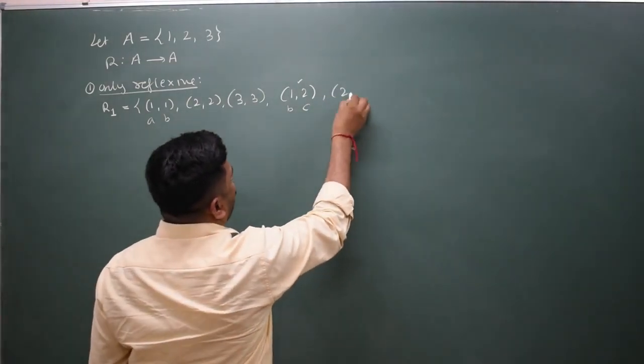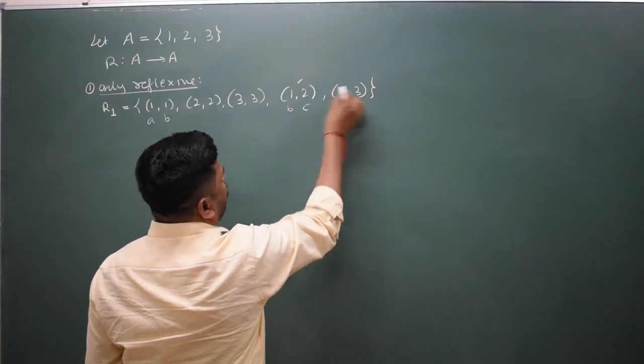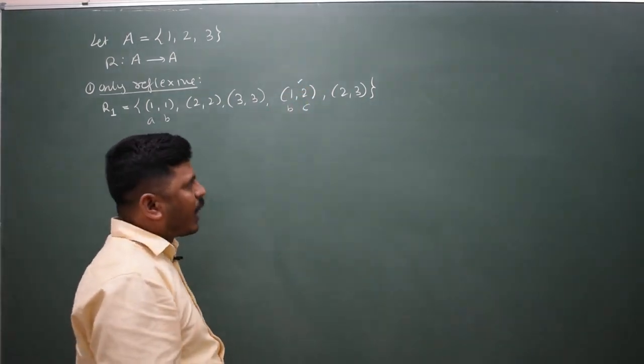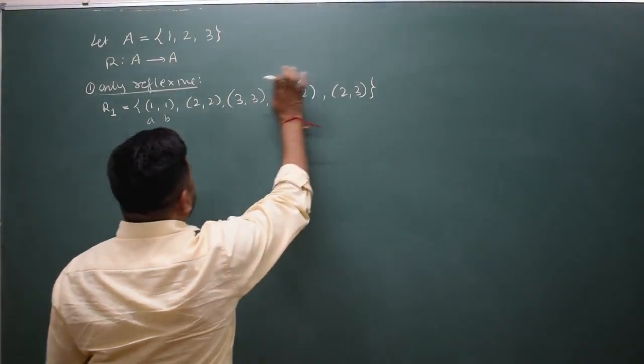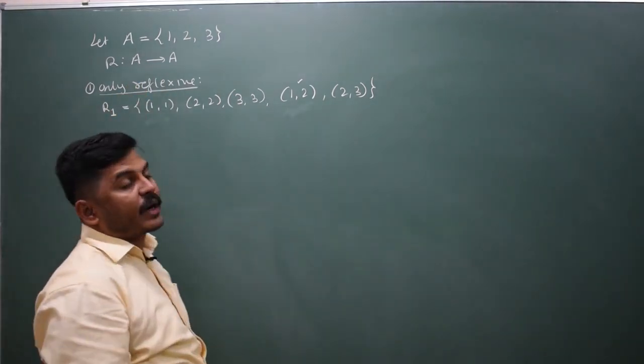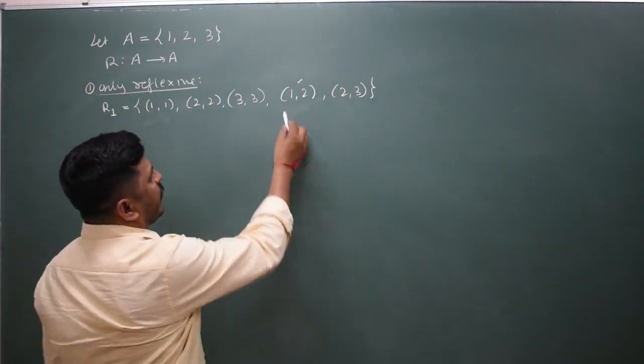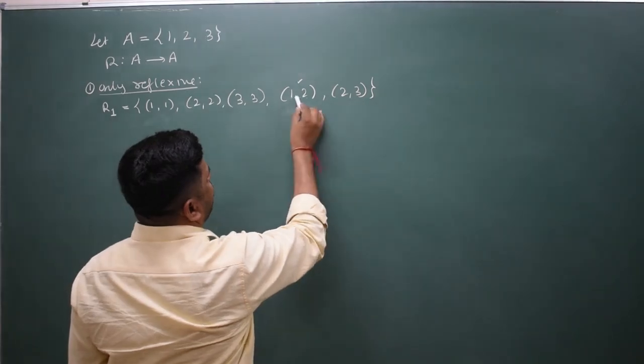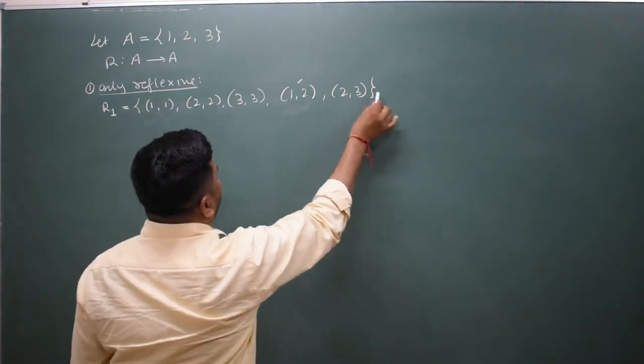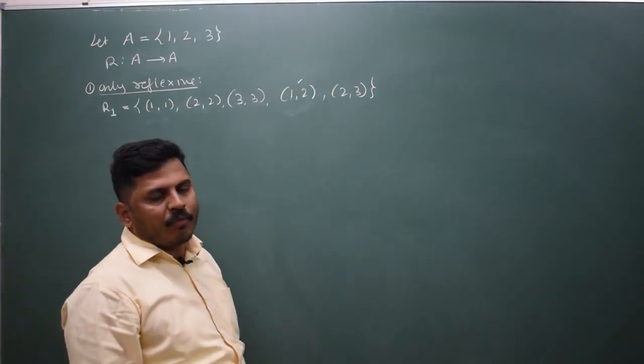Can I write 2, 3 and I won't write 1, 3? Now, as I said earlier, a counter example is enough to say it is not transitive. So A related to B, B related to C, A related to C, 1, 3 should have been there, but 1, 3 is not there.